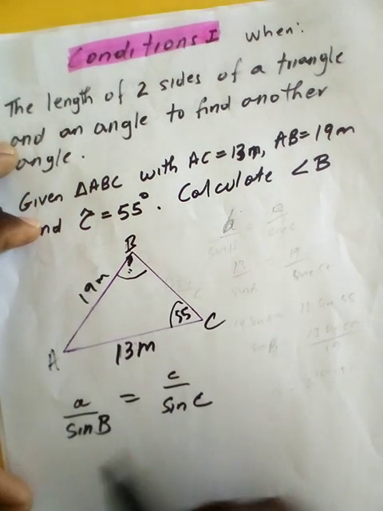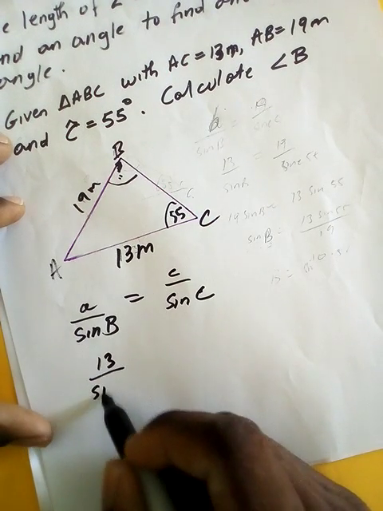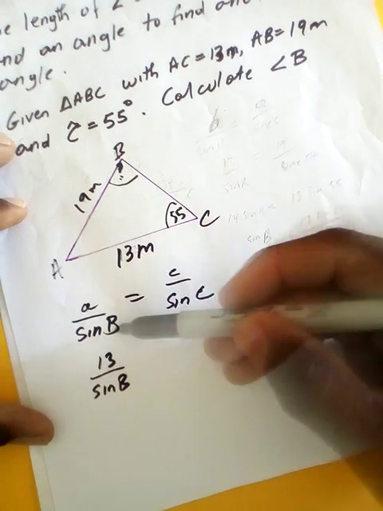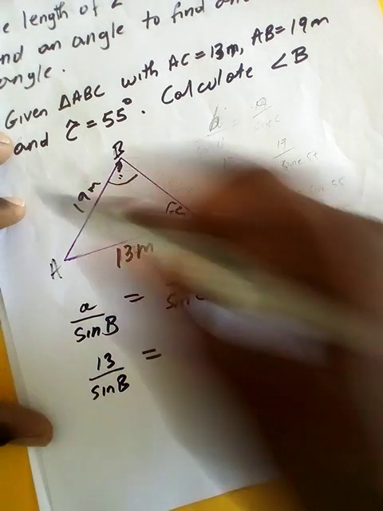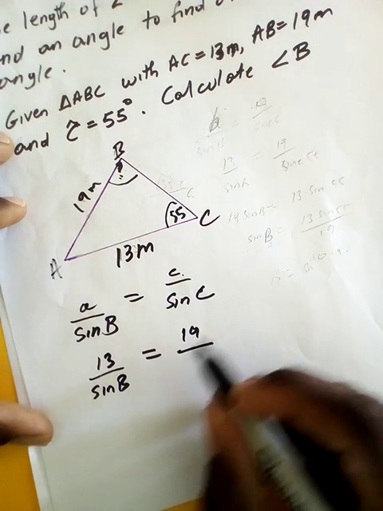So it's the side, so it's 13 over sine B, because we don't know the angle, because the angle is down at the bottom of the formula, equal side, which is 19, c, over sine of C.